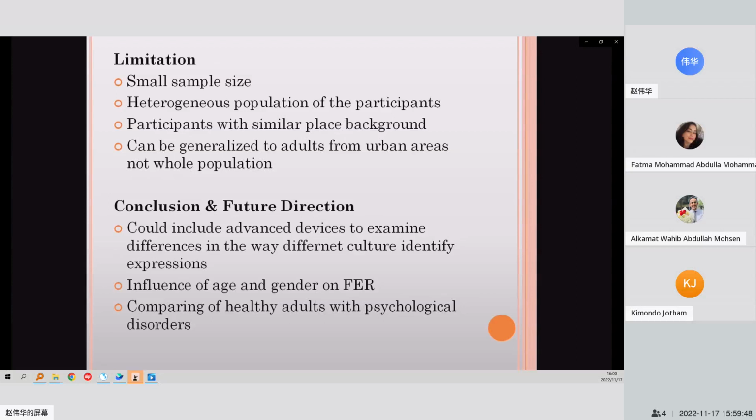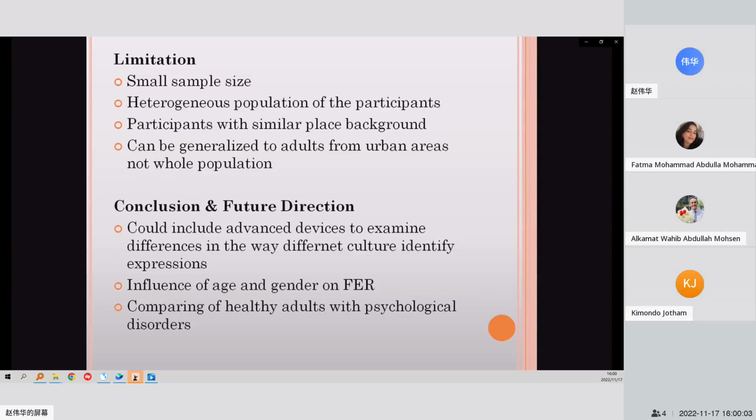Heterogeneous population of the participants: population with different backgrounds and different age groups were the participants of this study.